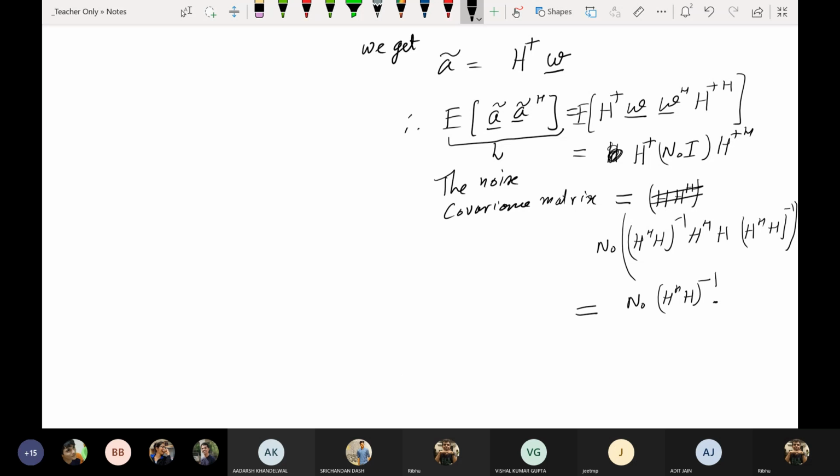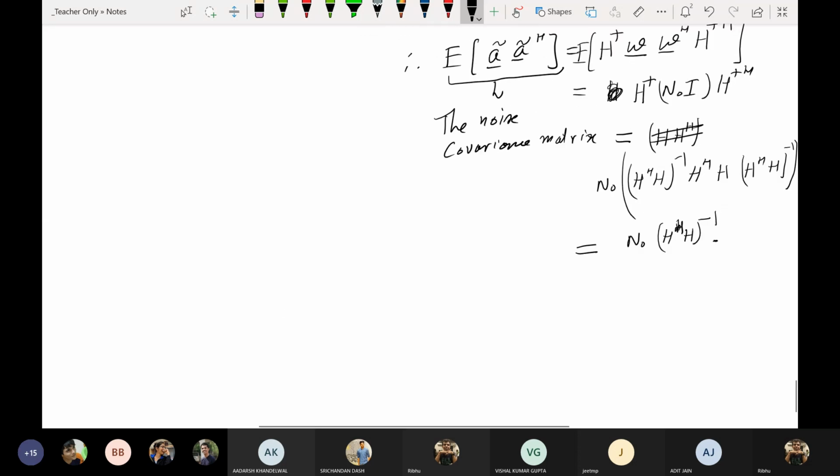H is the input matrix containing channel coefficients. And this is called the noise covariance matrix, the post processed noise variance matrix. Fine.